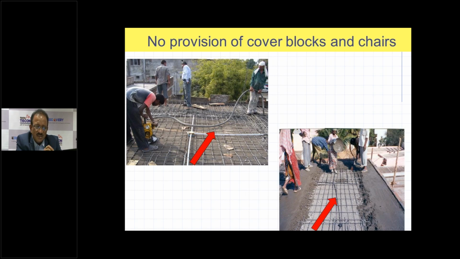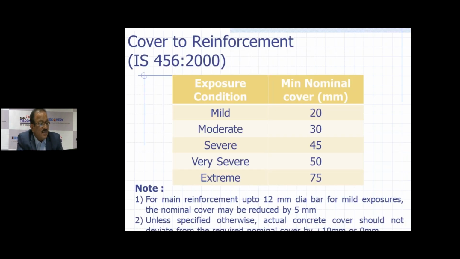If this building is supposed to be there for 75-80 years, in 30-35 years only you will start getting cracks, leakages, and the life of the structure is very drastically reduced. You can see in both the slides here, there are no cover blocks and no supporting chairs provided for the negative moment bars.